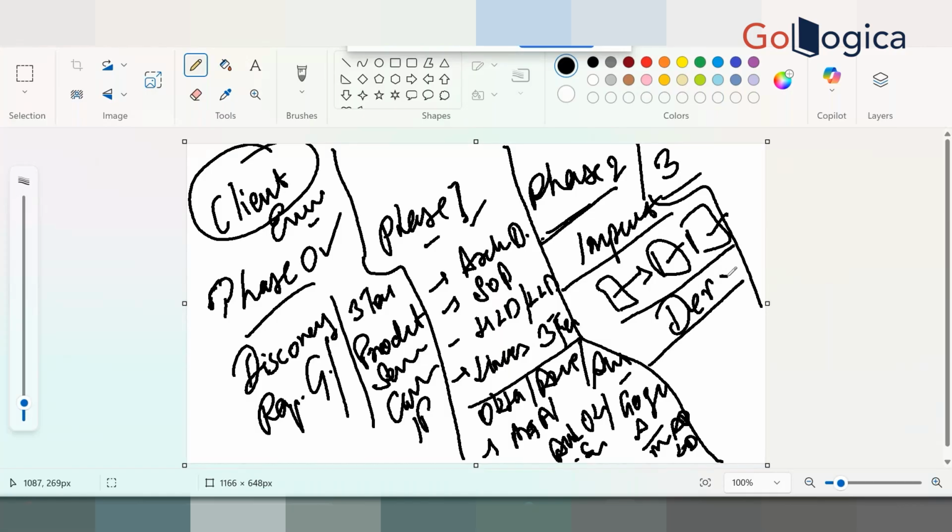Once the dev environment is successful, then we implement in the prod. Once the prod is done, we take the sign-off from our client. Then the project is completely over.